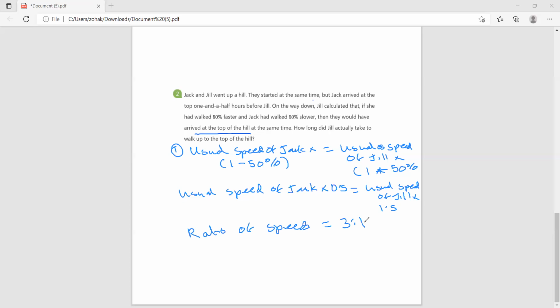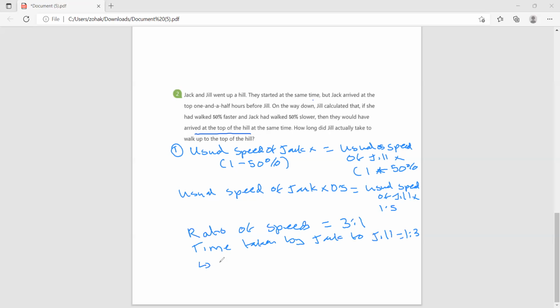Okay, and remember that speed and time taken are in indirect proportion. So the time taken by Jack to Jill would just be 1 to 3. Okay, and now we just have to work out how long Jill actually took to walk up the hill.